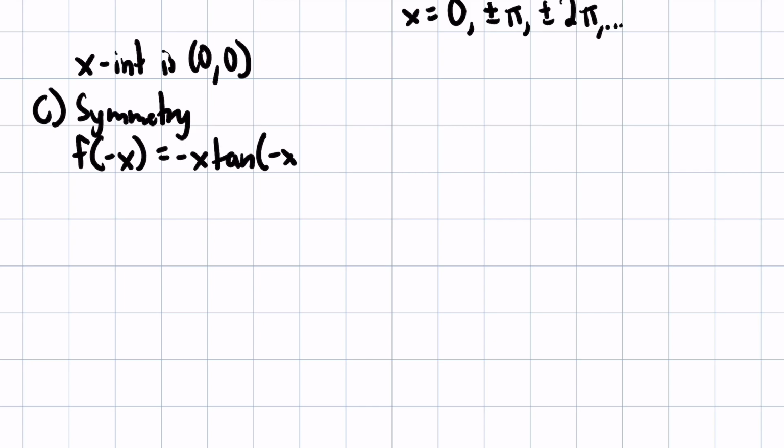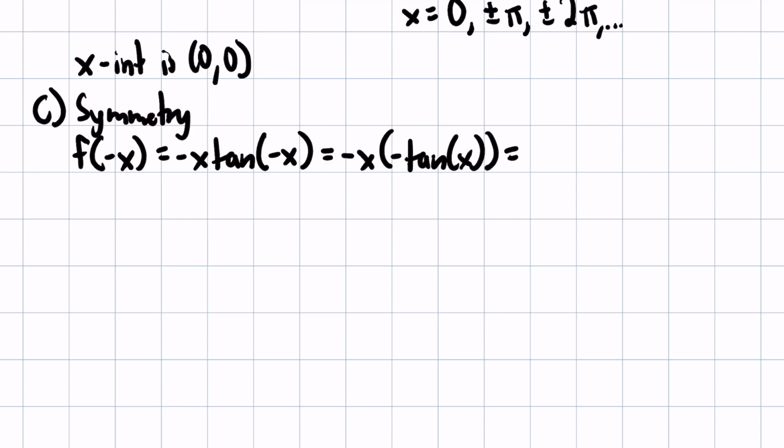Just plugging that in. So tangent of negative x. Tangent isn't an odd or even function, but if we restrict it from negative pi over 2 to pi over 2, we actually find that tangent of negative x is equal to negative tangent of x, right? It's going to be an odd function, just in that restriction. So we have negative x times negative tangent of x.